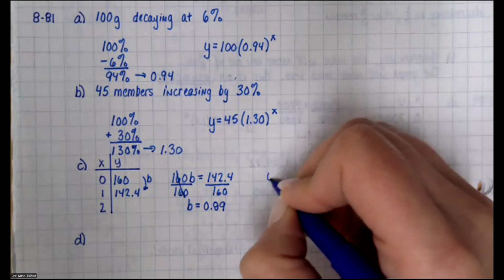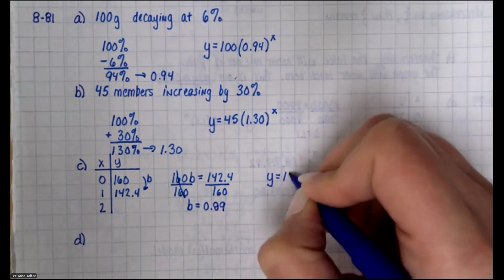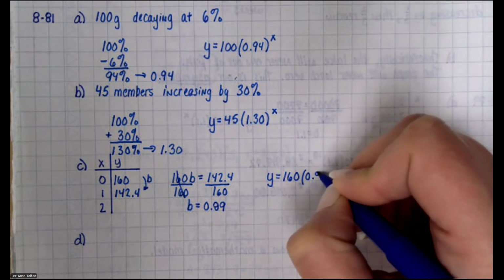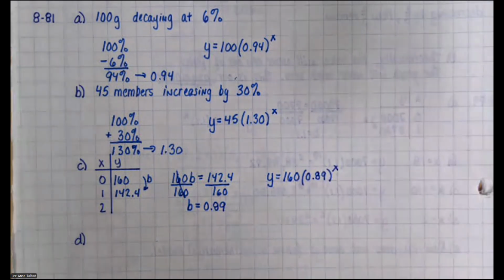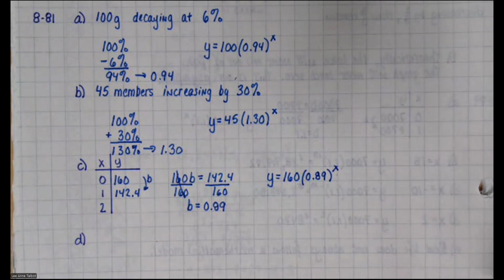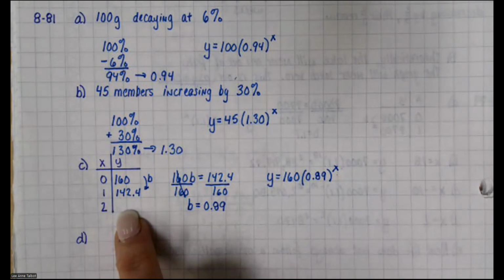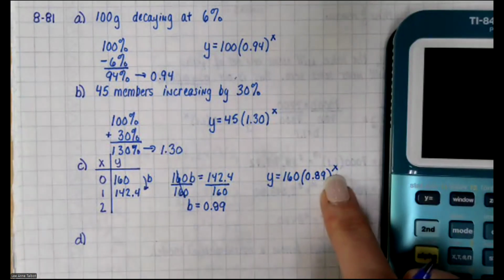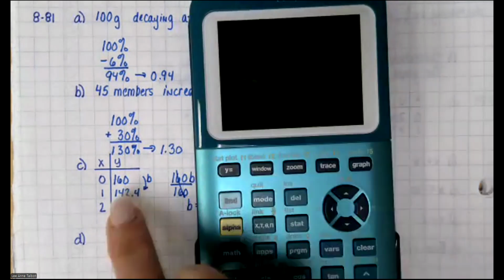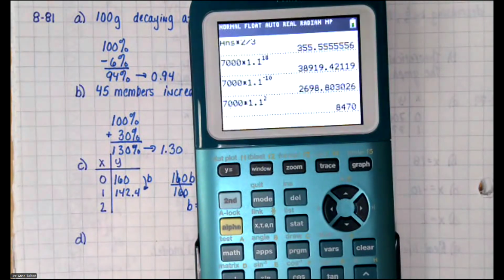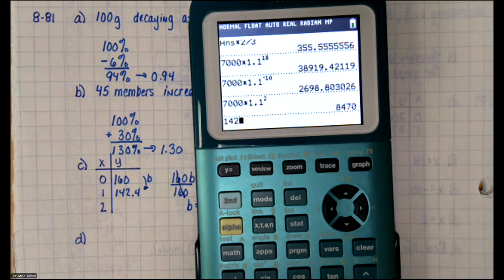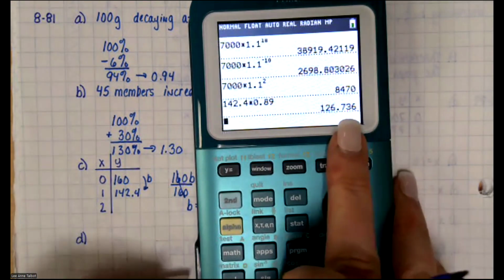So the equation is y equals 160 times 0.89 to the x. Now I have two questions for you. What would I do to get the next number in the table? There's two ways. You can put a 2 in for x here, or you can take 142.4 times 0.89, which is the lazy way. 126.7.